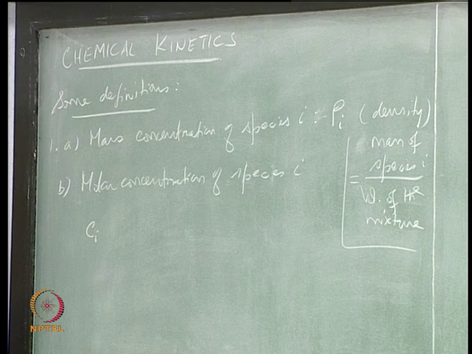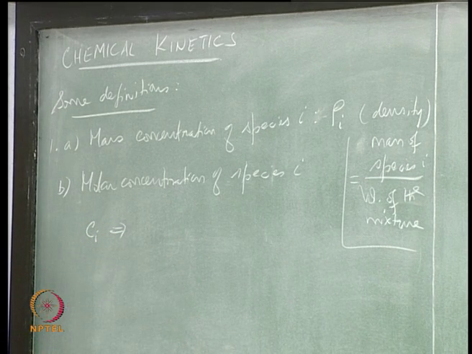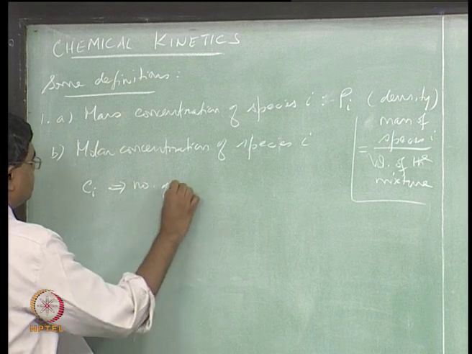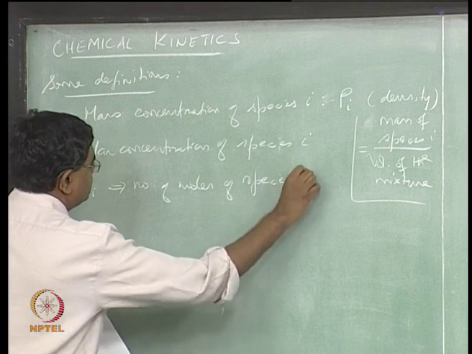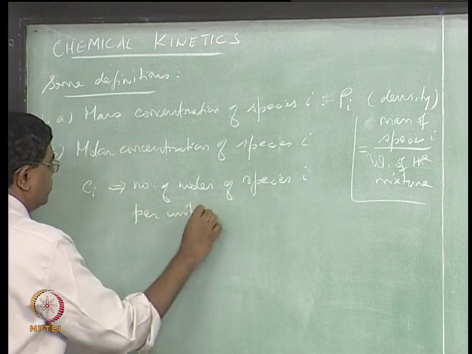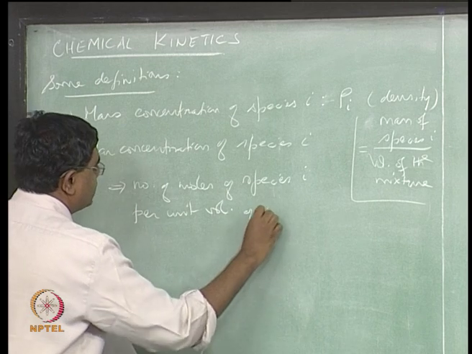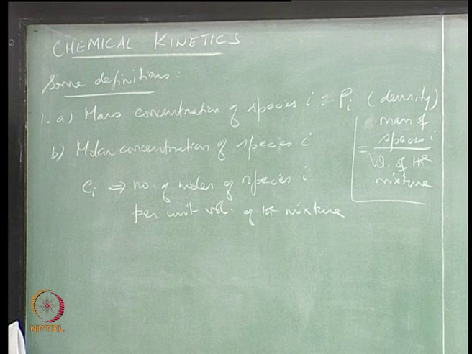This is basically number of moles of species I per unit volume of the mixture.